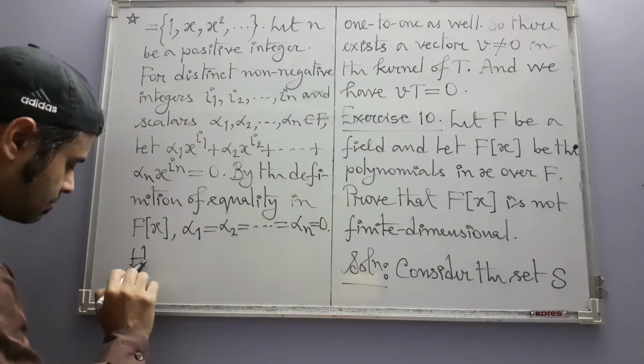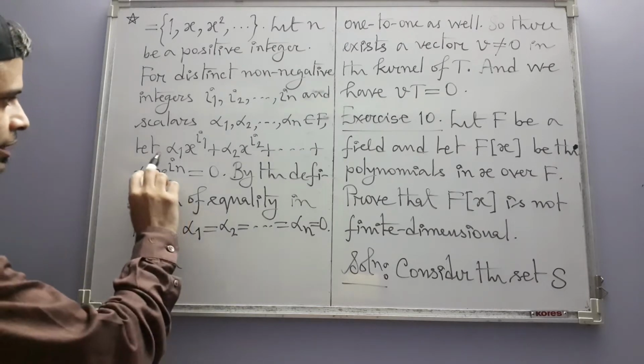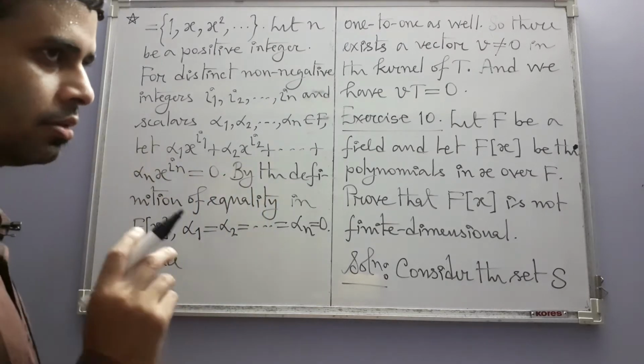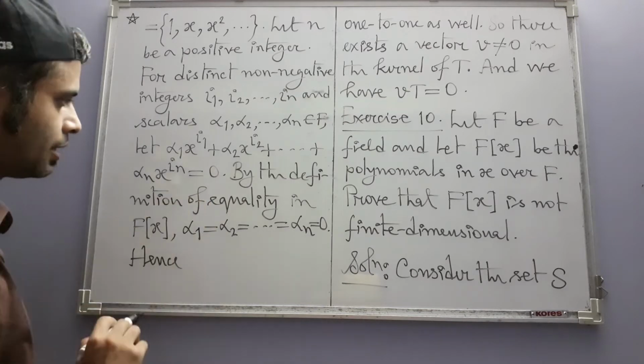Hence, a non-trivial linear combination of monomials will never give us 0.